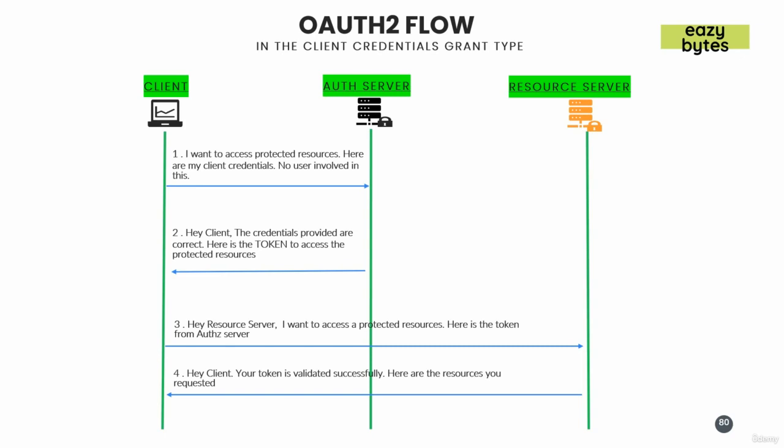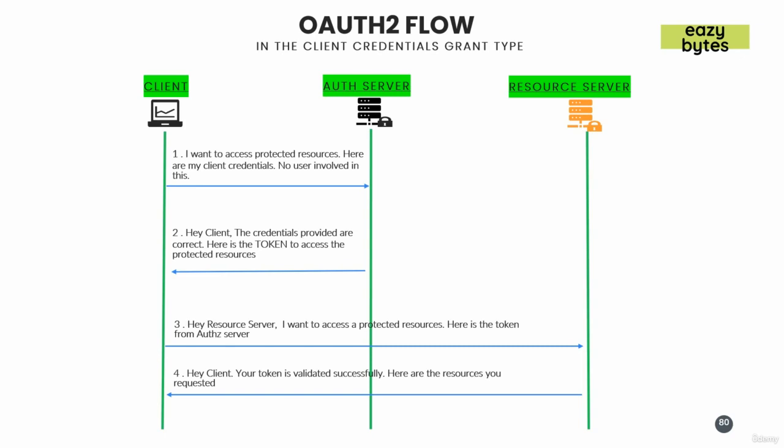How does the resource server know whether a given access token is valid or not? It will check with the authorization server internally to understand the validity of the given access token. So now we have a clear understanding of what the client credentials grant type is.